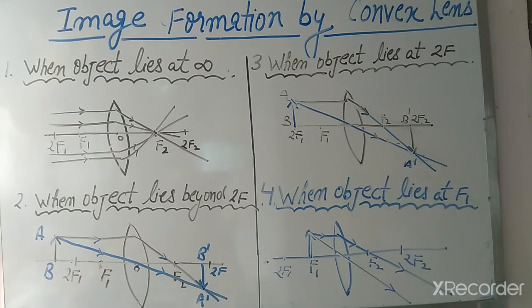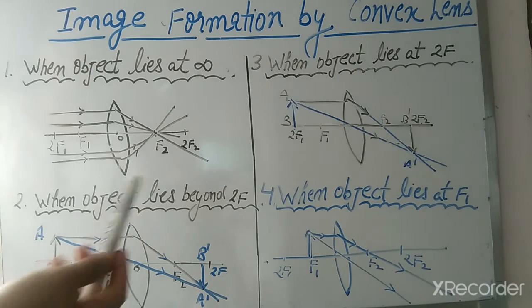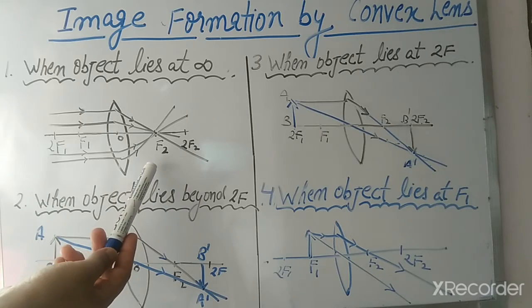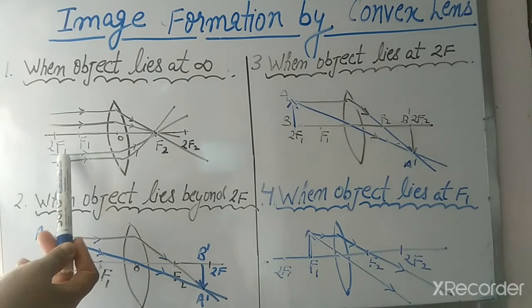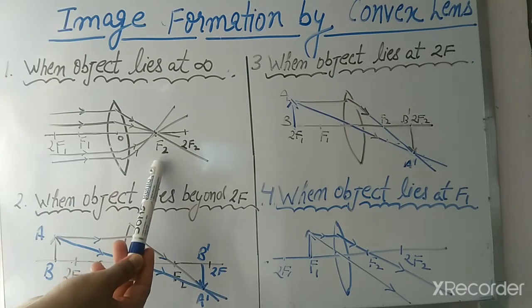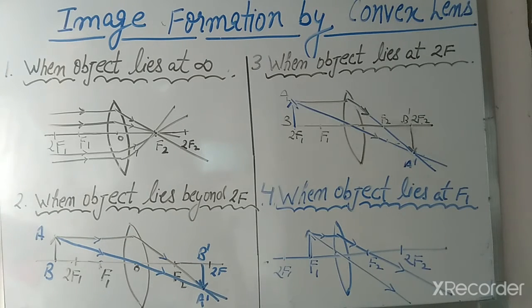So we see that the image is formed where the two lines intersect each other, right? So when the object lies at infinity, the image is formed at f2. The image is real, inverted, highly diminished and point sized, right?